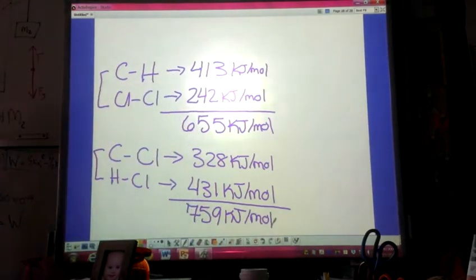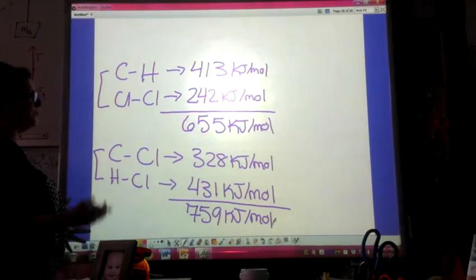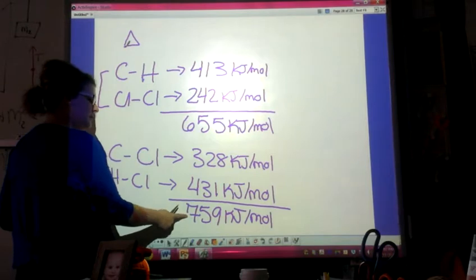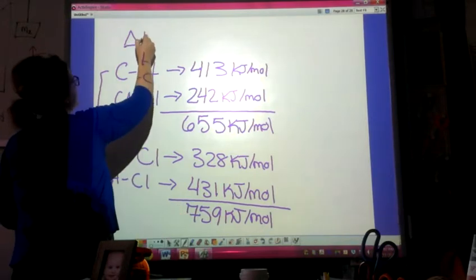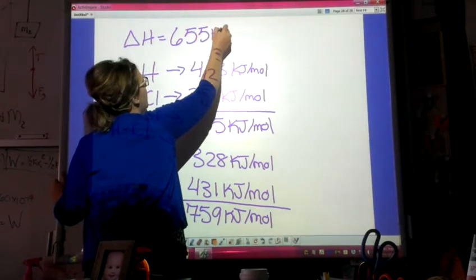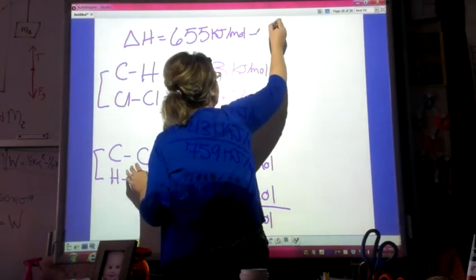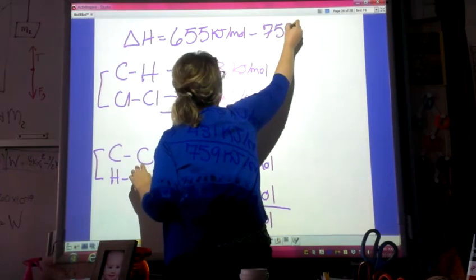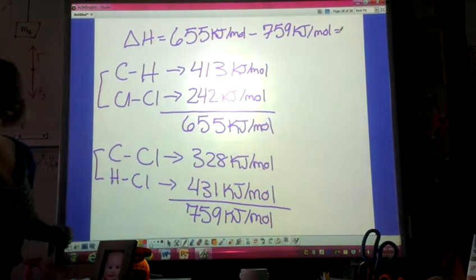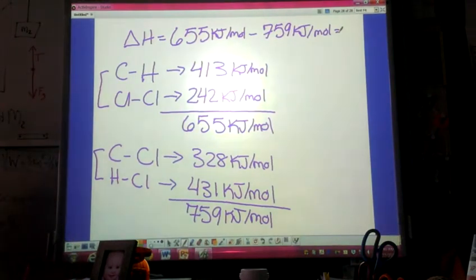Okay, and then to find that overall change in enthalpy, we said that it was the sum of what I broke minus the sum of what I formed. So I'm going to do my delta H is equal to 655 kilojoules per mole minus 759 kilojoules per mole. And then that's going to tell me what my overall enthalpy of reaction is. So did I release energy? Did I need to absorb energy to make this reaction happen?